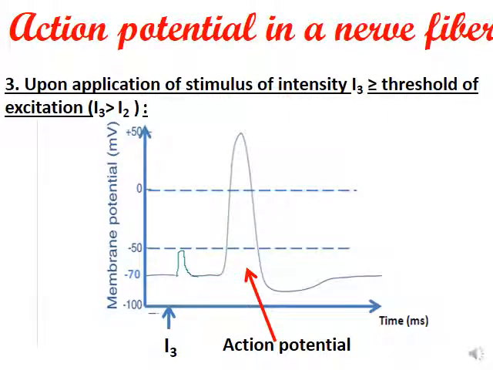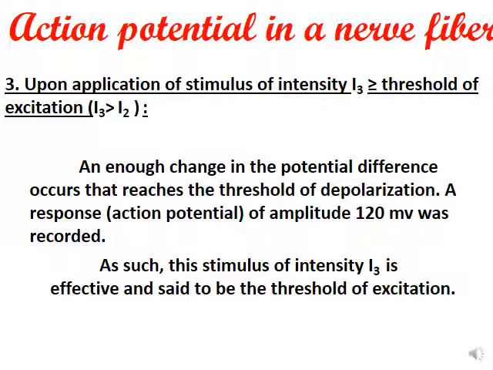While after application of stimulus intensity I3, which is greater than or equal to the threshold, and I3 is greater than I2 for sure, here we have an action potential. There is enough change in the potential difference to reach the threshold of depolarization, and an action potential, or response, of amplitude 120 millivolt was recorded.